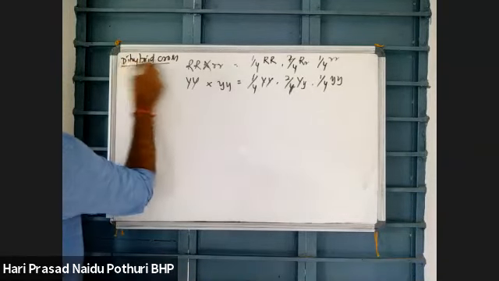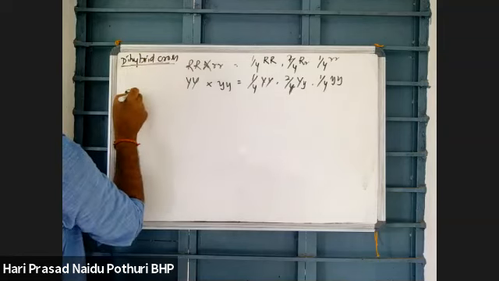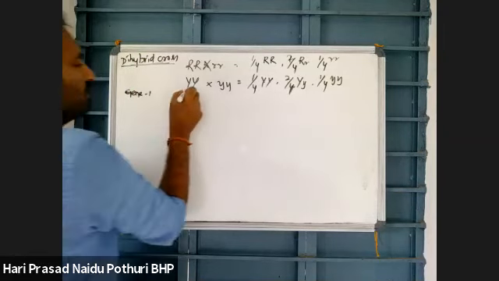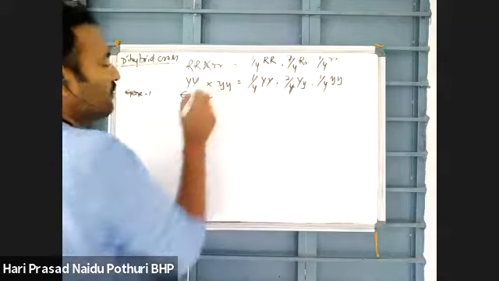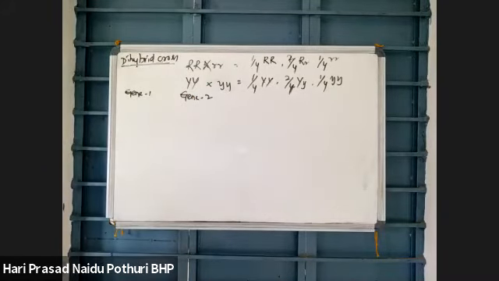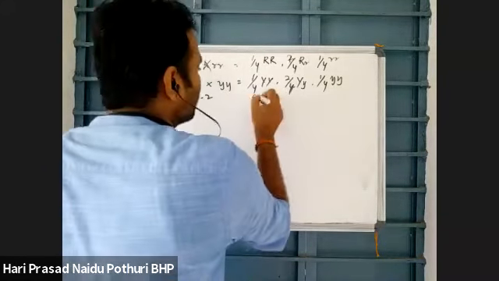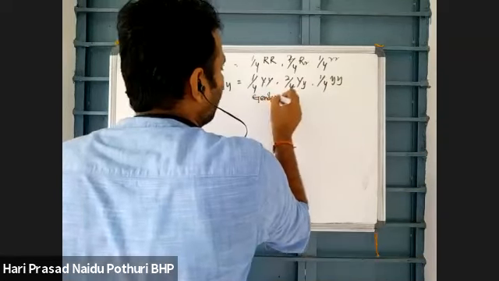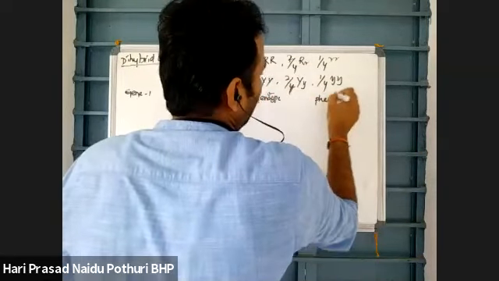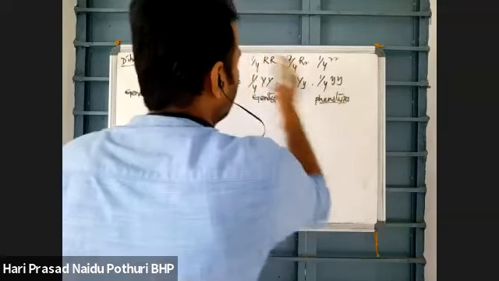If you see now dihybrid cross, suppose gene 1, gene 2, what is its genotype, what is its phenotype. The random crossing we can write.